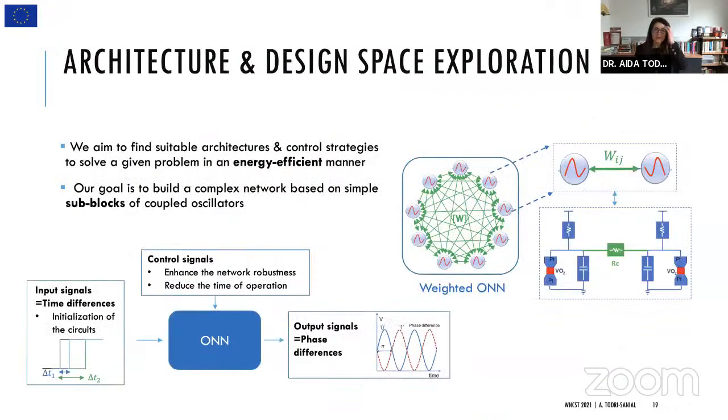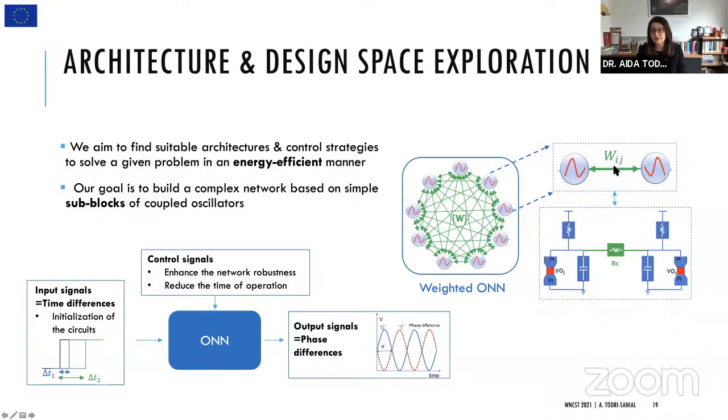So as I mentioned, the architecture and design space exploration is very important because that allows us to also find a suitable architecture and control strategies for this oscillatory neural network. I also want to mention that this is very much in the spirit of Hopfield neural networks. So you might have seen this type of architecture from Hopfield neural networks, where the main function is associative memory.